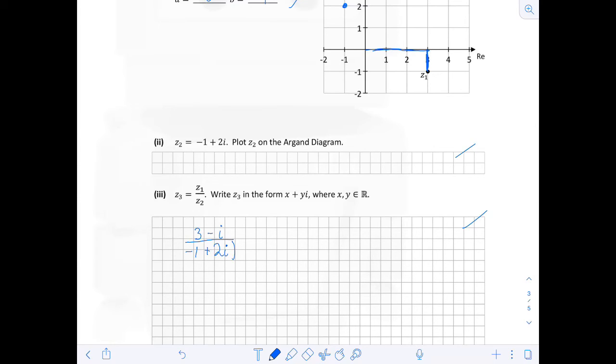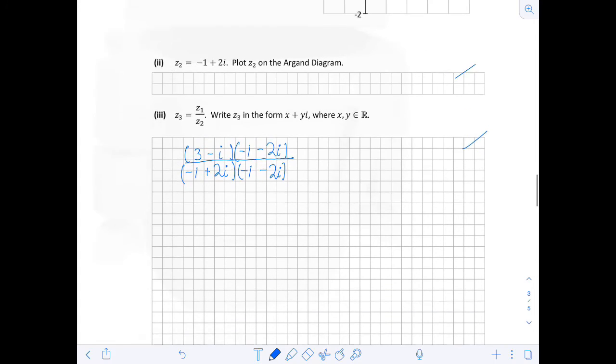So we're dividing complex numbers, so our system has to come into play. We need to get rid of the imaginary numbers on the bottom, which means we multiply by the conjugate of the bottom, which is minus 1 minus 2i. We multiply by the conjugate, so we have minus 1 minus 2i on the top also.